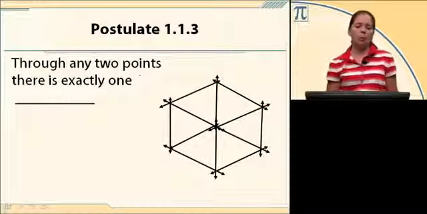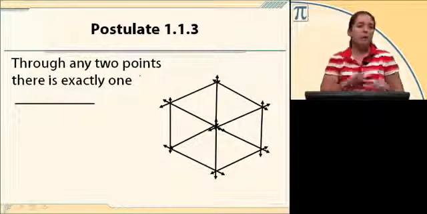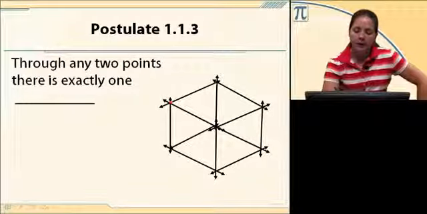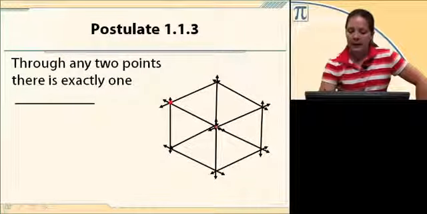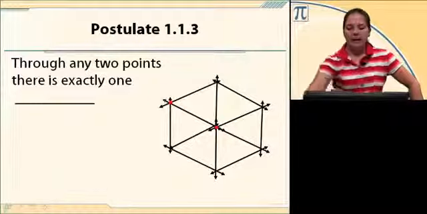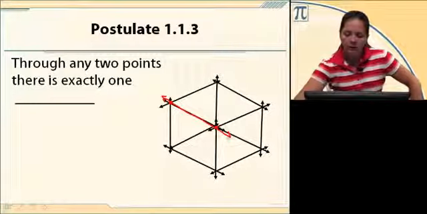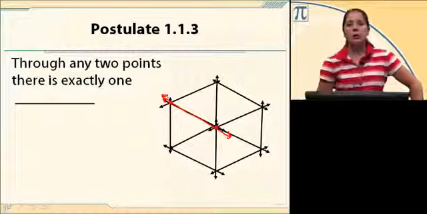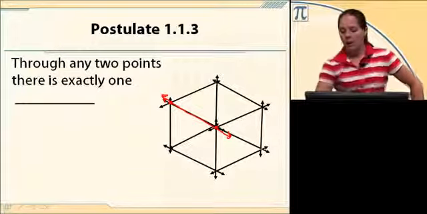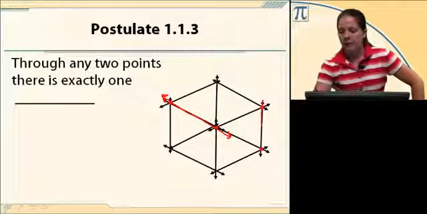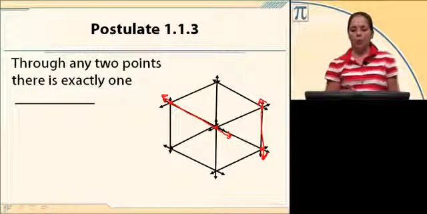Through any 2 points, there is exactly one, well, I've got a point, and I have another point, and there's exactly one line that contains those 2 points. If I pick this point and this point, there is exactly one line that contains those 2 points.